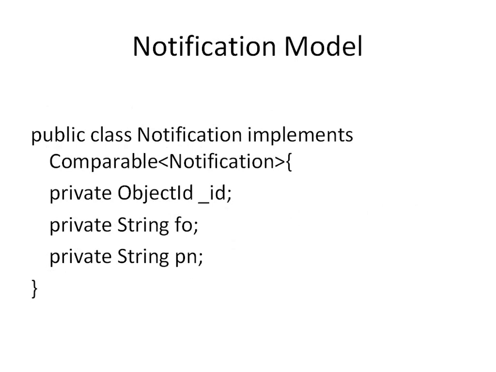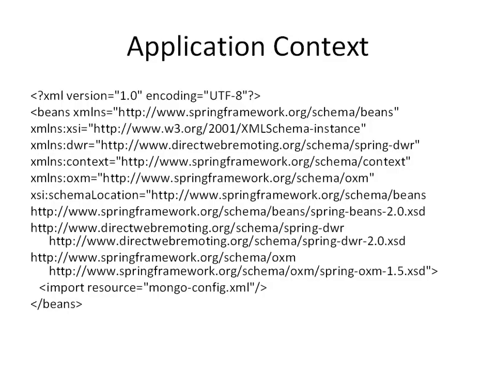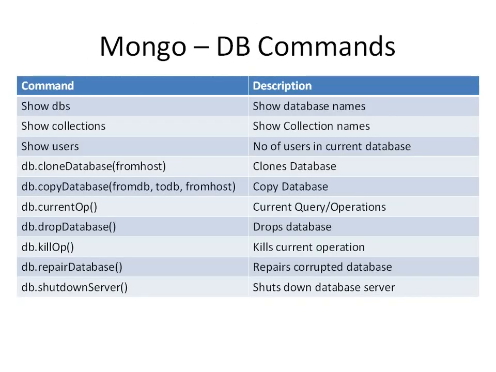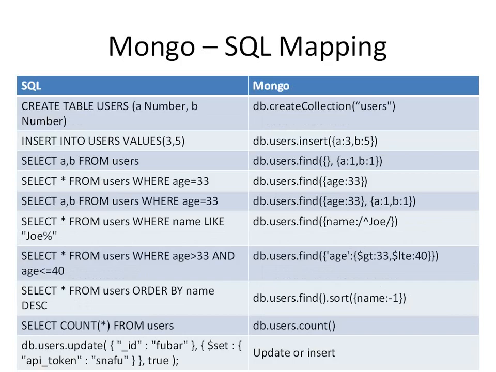So in this session we have seen what exactly is Mongo database, what are the advantages of Mongo database over any other relational database, what is the comparison of Mongo database with any other relational database, and what commands we execute on Mongo database. We have seen Mongo database commands and Mongo collection commands.